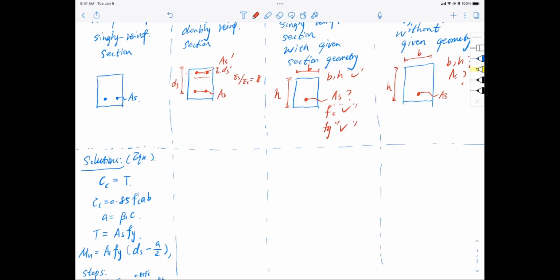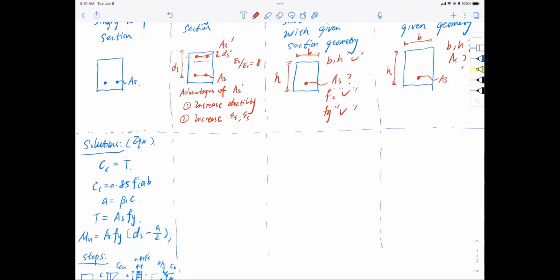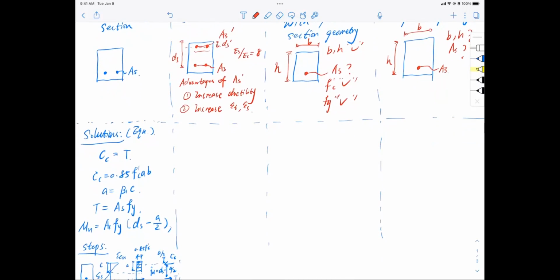But the real advantage of adding As prime is to increase ductility, or you can say to increase epsilon t or epsilon s, the strain in the bar. All right, so that is the main reason why we are adding compressive reinforcement.